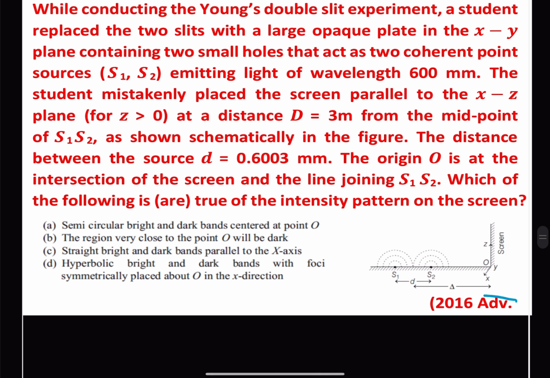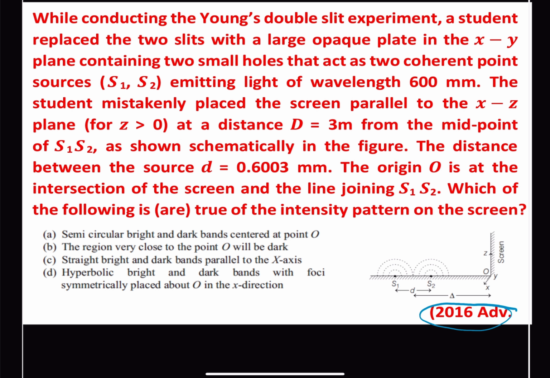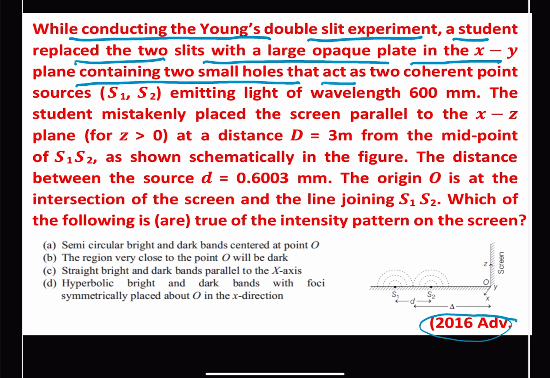It was asked in the 2016 advanced, and it states that while conducting the Young's double slit experiment, a student replaced the two slits with a large opaque plate in the XY plane containing two small holes that act as two coherent point sources S1 and S2, emitting light of wavelength 600 nanometer.